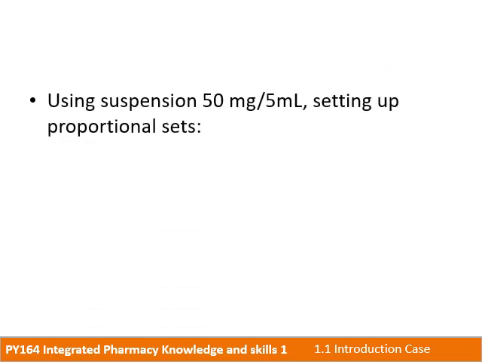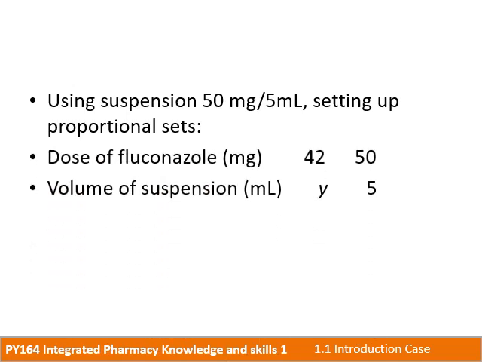So again, we come back to setting up proportional sets. What do we know? We know that we have a suspension which gives us 50 milligrams in every 5 ml. But we want 42 milligrams. So we need to know how many mils of our suspension will give us 42 milligrams.